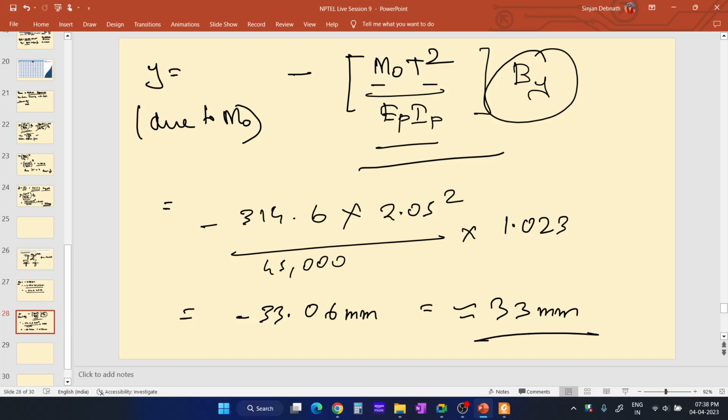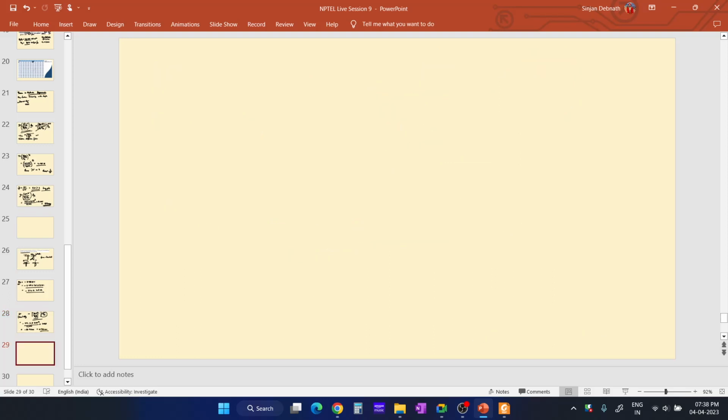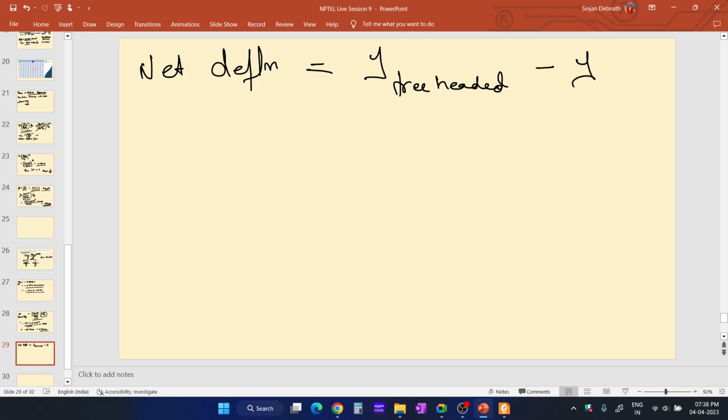Okay, so now we need to find out the net deflection. The net deflection is the deflection due to free-headed minus the deflection due to M0. What is the free-headed deflection?